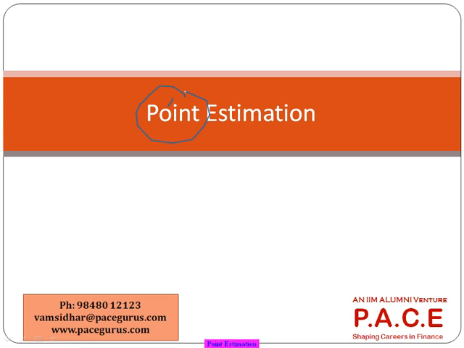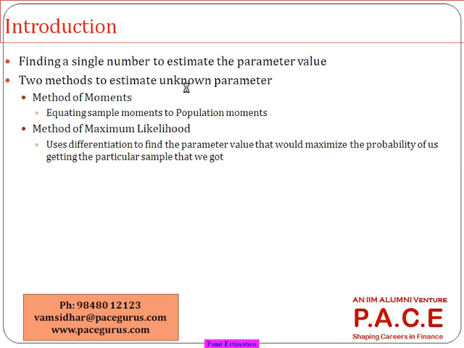Whereas initially we start off with point estimation, which is to estimate one pointed value for a particular parameter. There are 2-3 methods to estimate that. So finding a single number estimate for a parameter value is our intention.